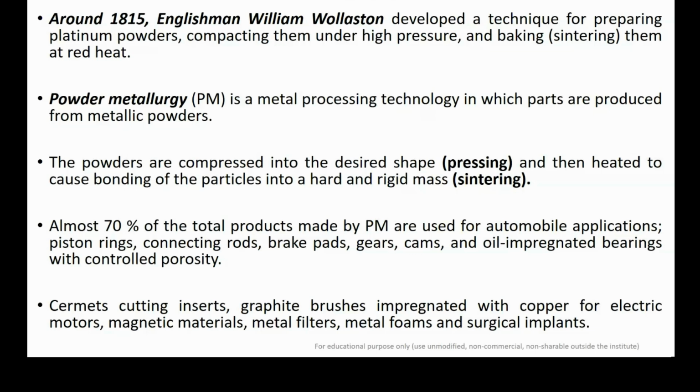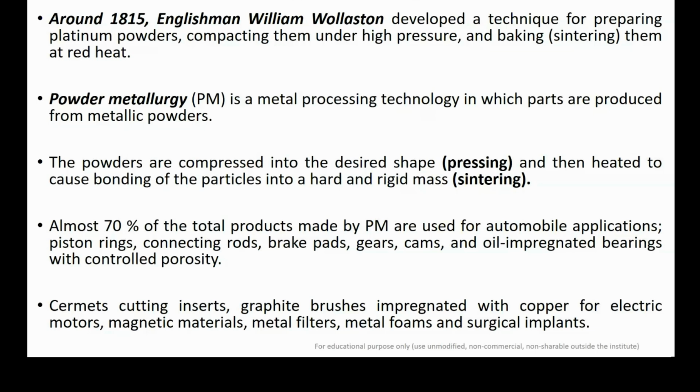So where is the application of this process, or of the parts made with the help of powder metallurgy? Almost 70% of the total products made by powder metallurgy are used especially for automobile applications. So what are the parts?